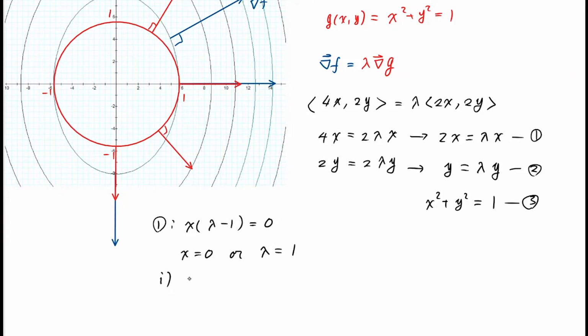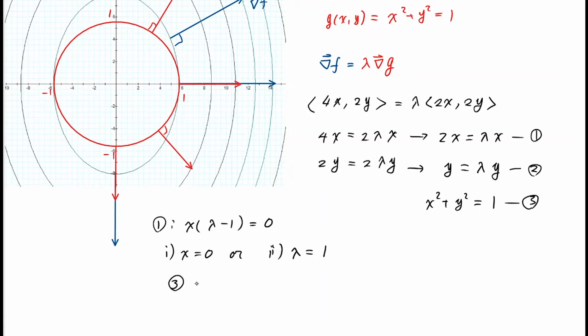If x is equal to 0, let's do it a little more efficiently. I'm gonna get a little more space here and go vertically. So this is case 1 and this is case 2. Good. If x is equal to 0, we really don't care about what lambda is. We want the x and y coordinates. So we substitute that into equation 3.